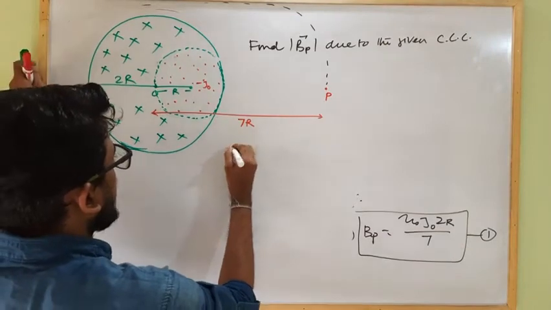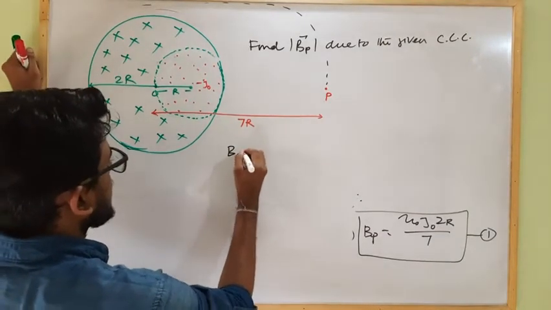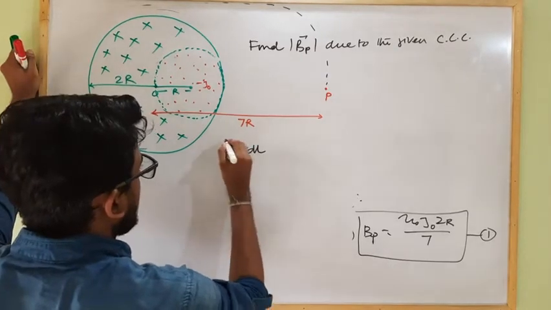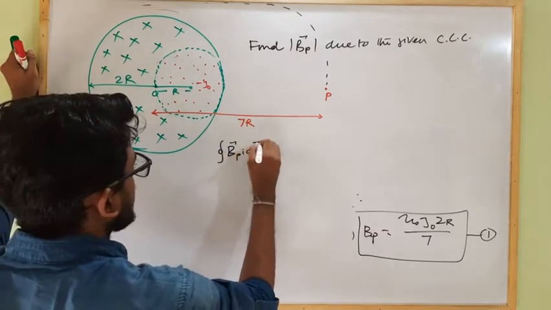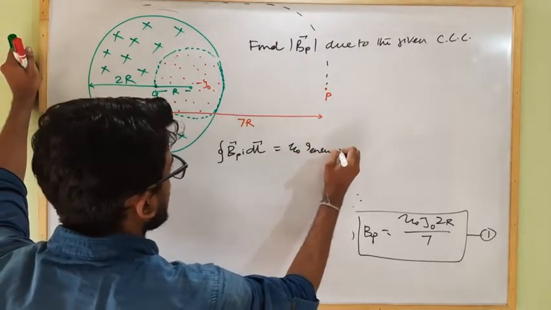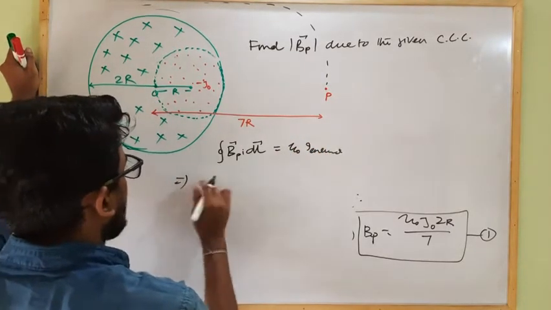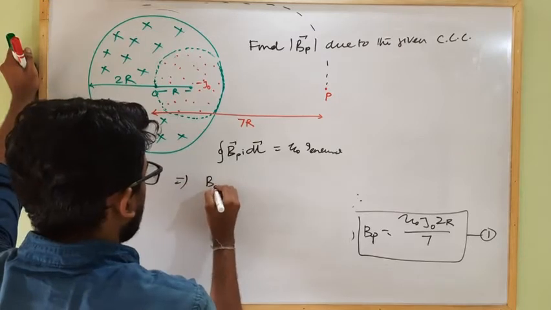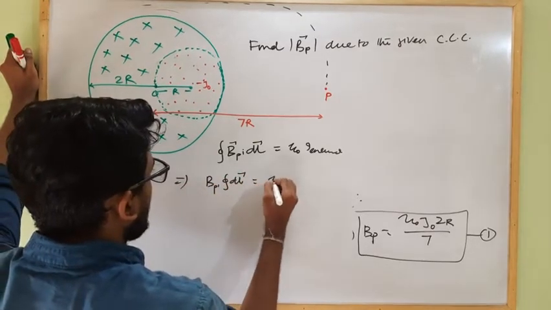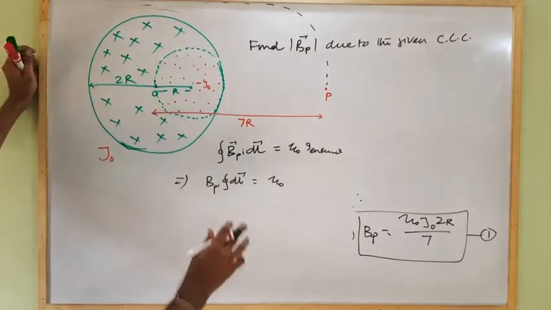Let it be B at P dash, closed integral of B dot dl equal to mu naught I enclosed. This implies B P dash closed integral of dl vector equal to mu naught I enclosed. What is the I enclosed?